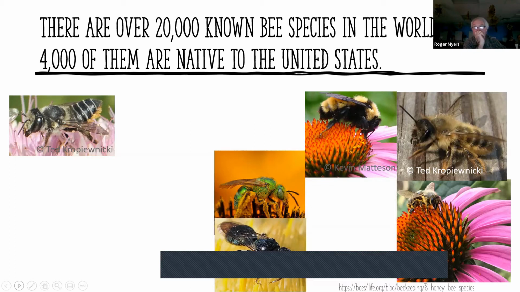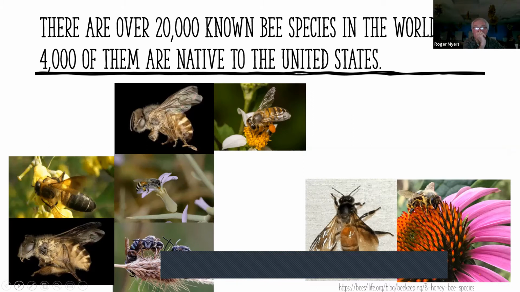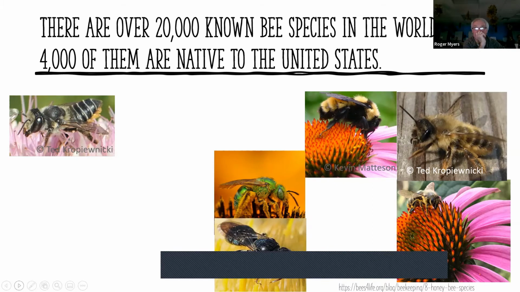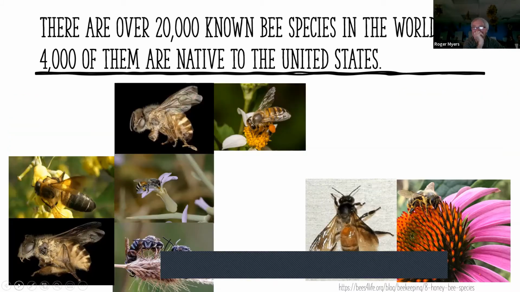All of these bees can be found in Ohio. All of these bees are honeybees. So which one is the honeybee we keep? The one on the purple bar. Yeah, this is the honeybee we keep.